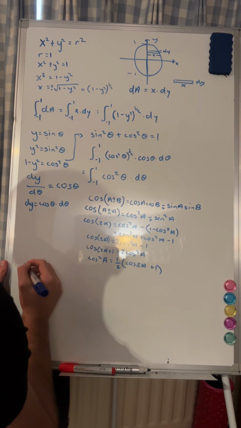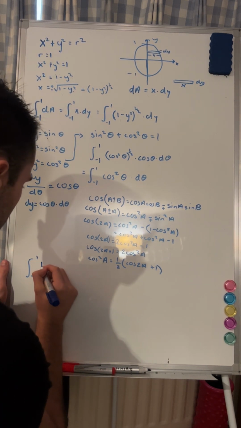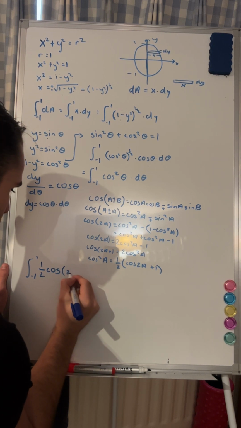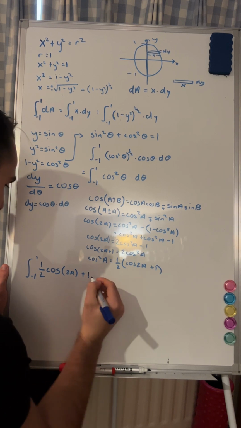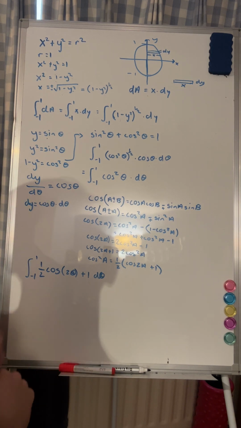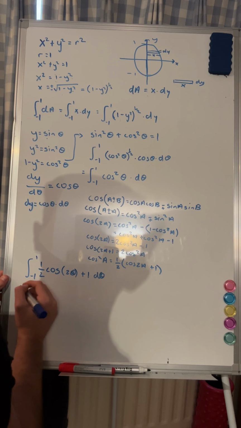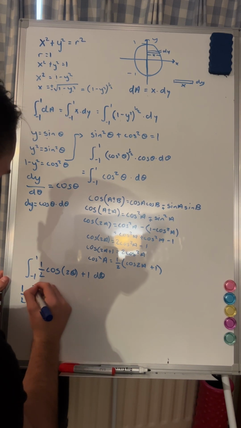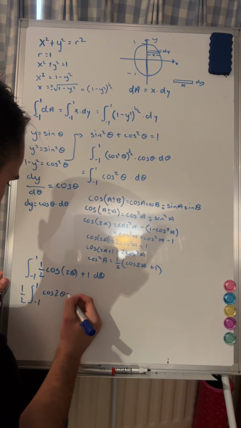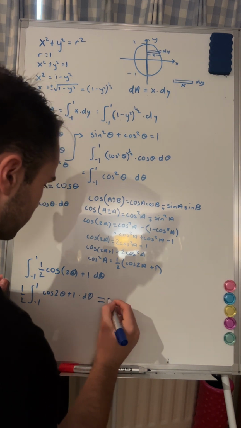So now we're basically integrating a half of cos 2 theta plus 1 with regards to theta. Now we can factorize the half, so half of the integral of cos 2 theta plus 1 times d theta equals a half.